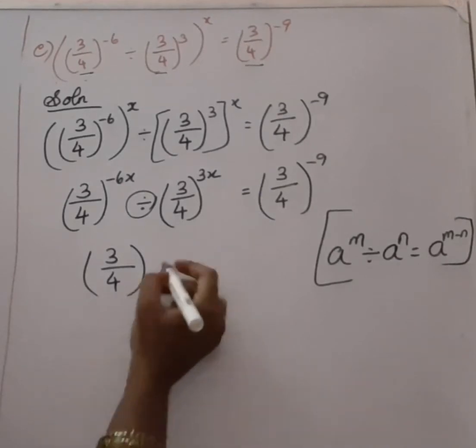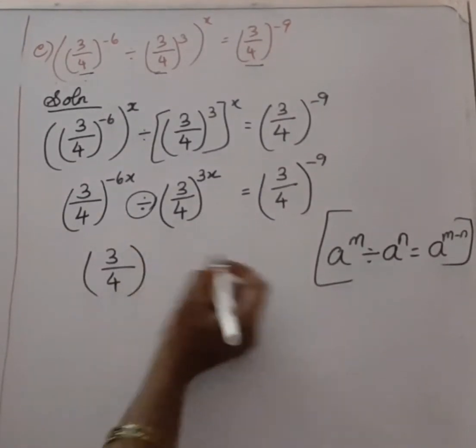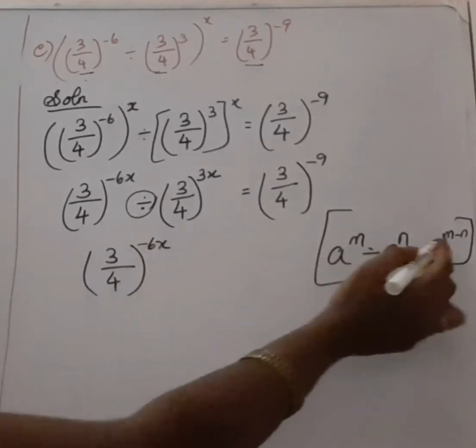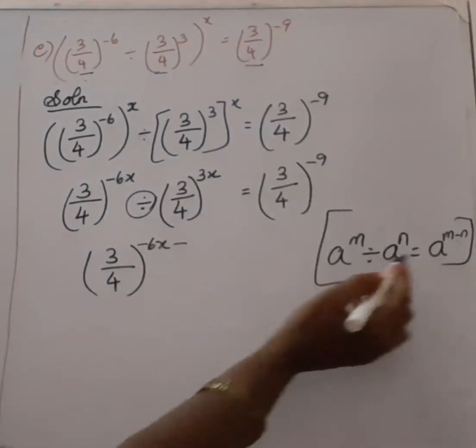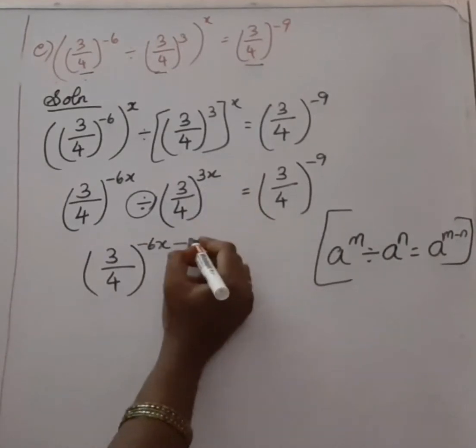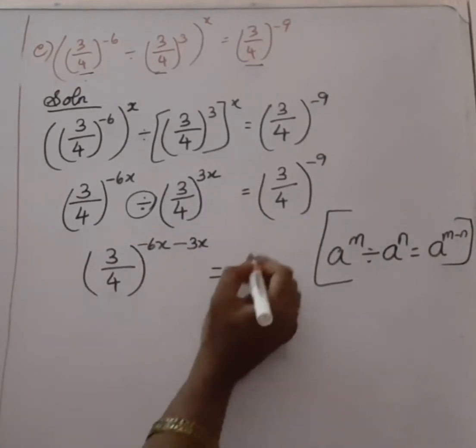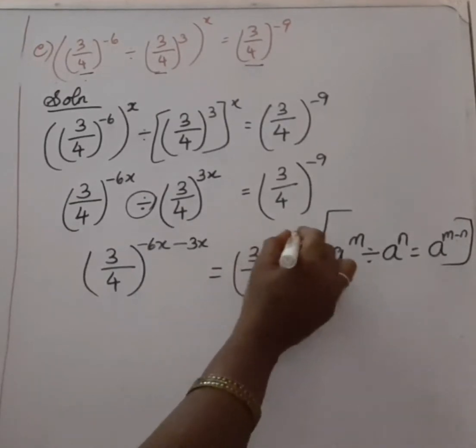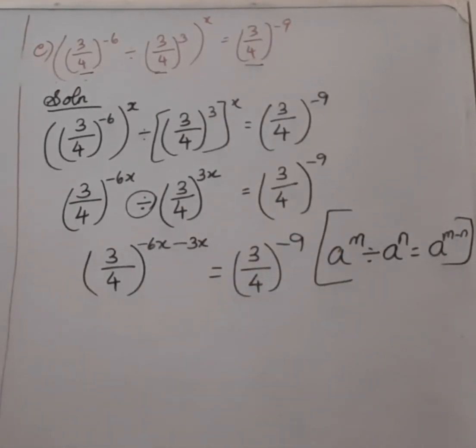Okay, now which is equal to the power, what is the power of m? Minus 6x. The operation is minus, what is the power of n? 3x, equals 3 by 4 the whole power minus 9.